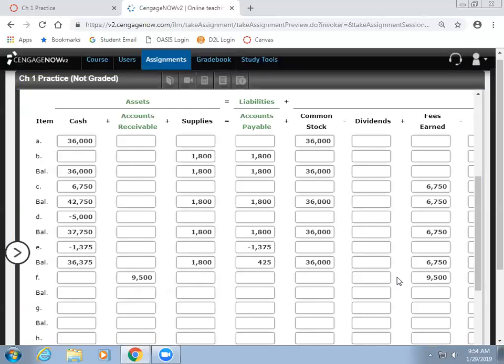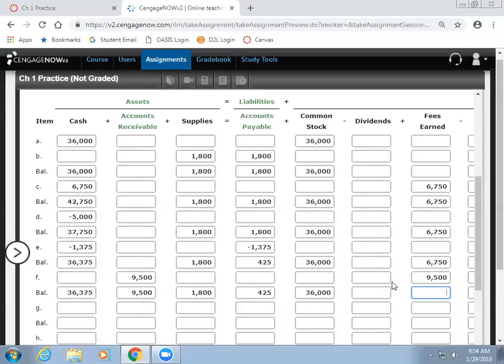And then we'll just balance. So cash is still $36,375. Accounts receivable is now $9,500. Supplies are $1,800. Accounts payable stays the $425. Common stock stays at $36,000.